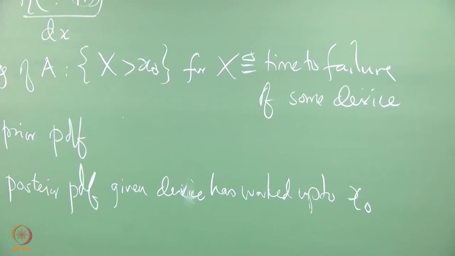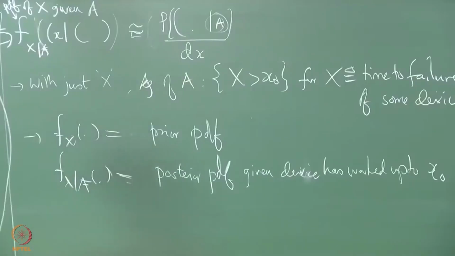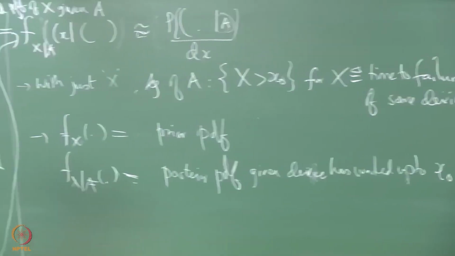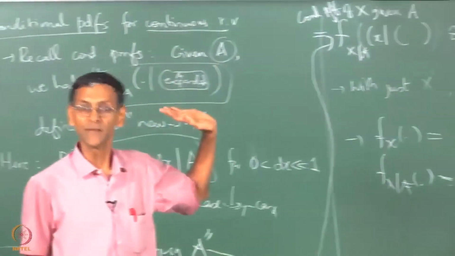So what is the new omega x obviously in this case? If you know that it has worked up to x naught, obviously the new range is from x naught to infinity, assuming that the original omega x went up to infinity.